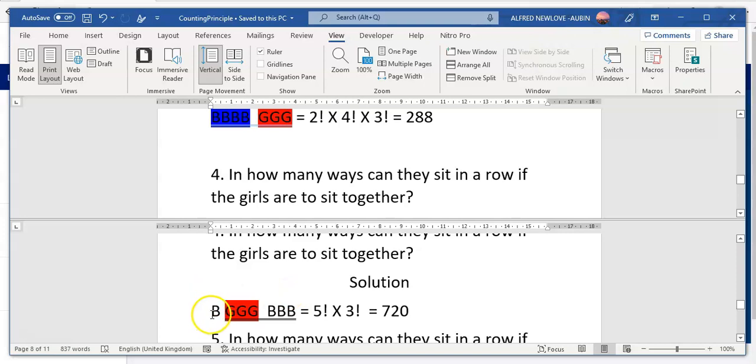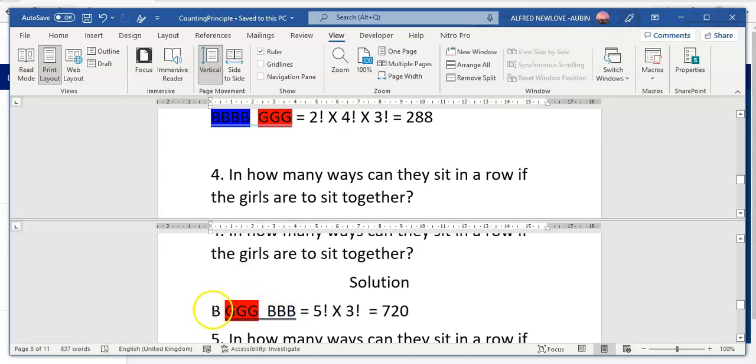So I decided to put 1 boy here and 3 girls together and 3 boys in front. The girls may be in front like that. So I'm counting the 3 girls that are sitting together as 1. The boys, they don't care. They can sit together or they may not sit together. So this is 1 block.